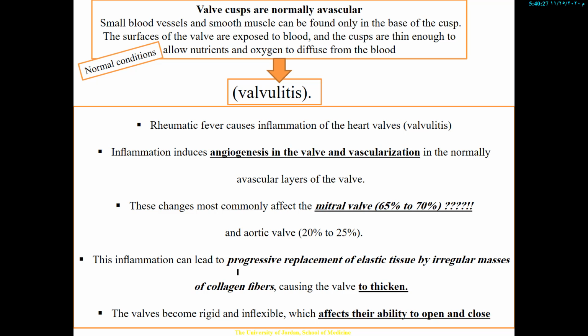Interesting, why has the mitral valve been affected more than other valves? Because the mitral valve, especially its anterior cusp, is subjected to two currents of blood, one coming from the left atrium towards the left ventricle, and one from the left ventricle towards the aortic valve.